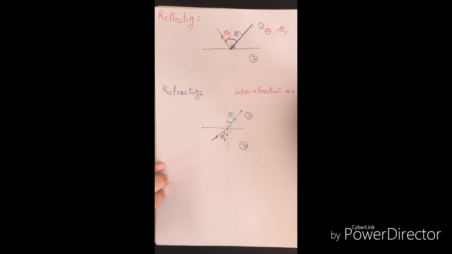What is c? c is the speed of light, and c equals 3.8 times 10 to the 8 meters per second. This is the speed of light.